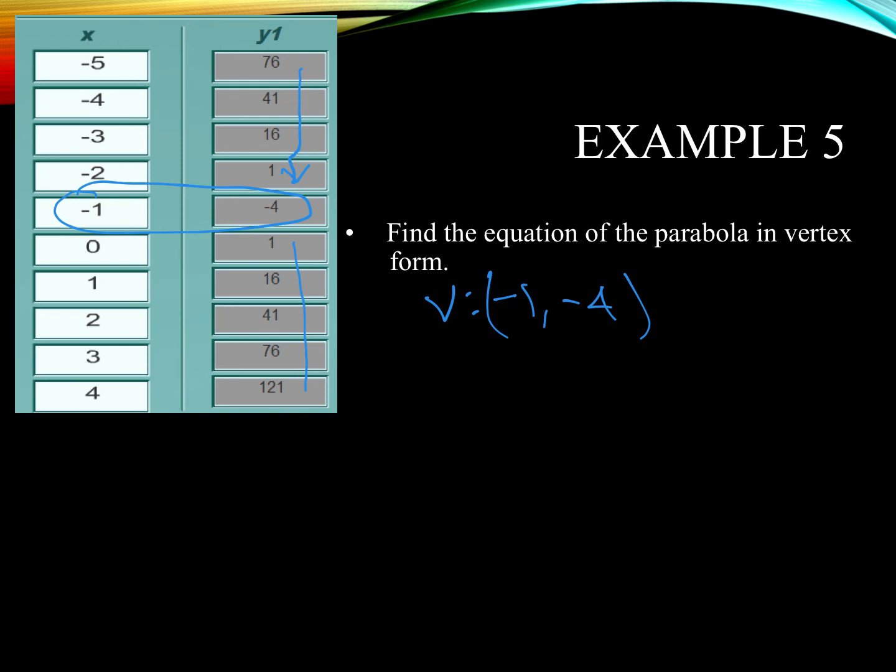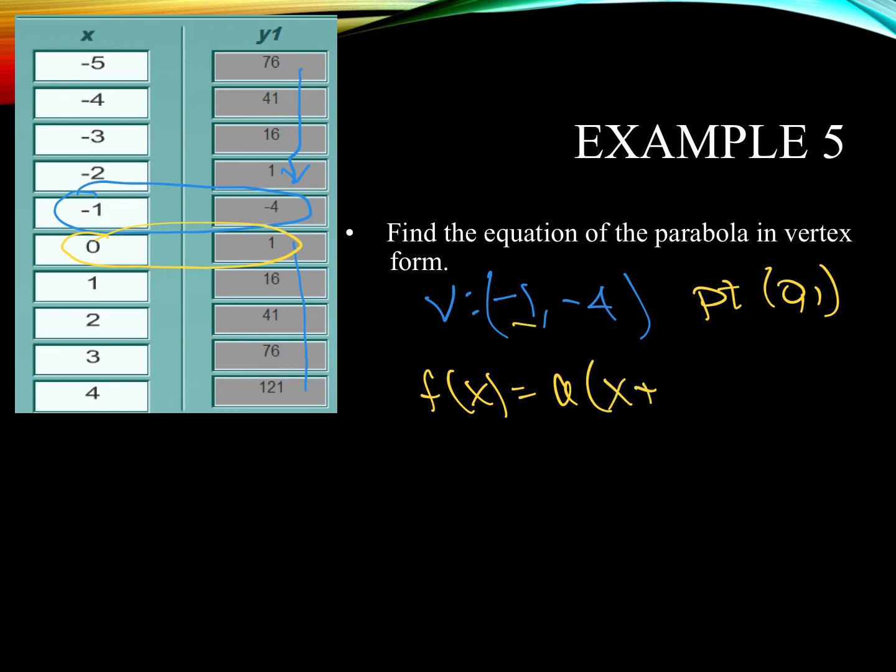Now in this case, I'm going to pick a point, and I can pick any one of these, but I see that 0, 1 is a really nice and easy point to use. So when I do my equation, I have f of x equals a times x minus -1, which gives me x plus 1 squared minus 4. I'm going to plug in the point I've been given.